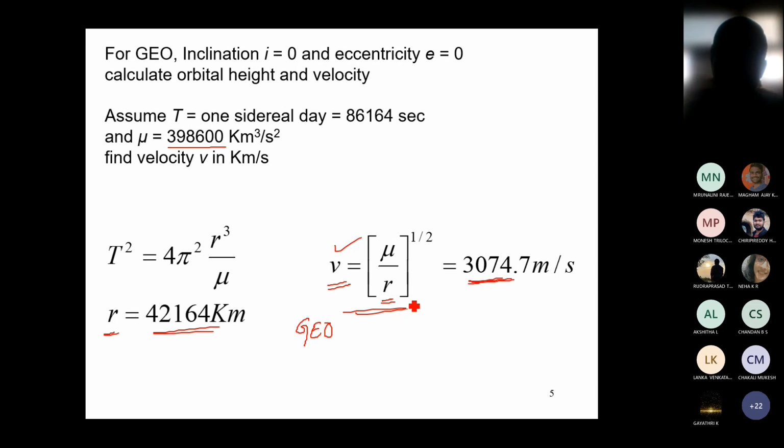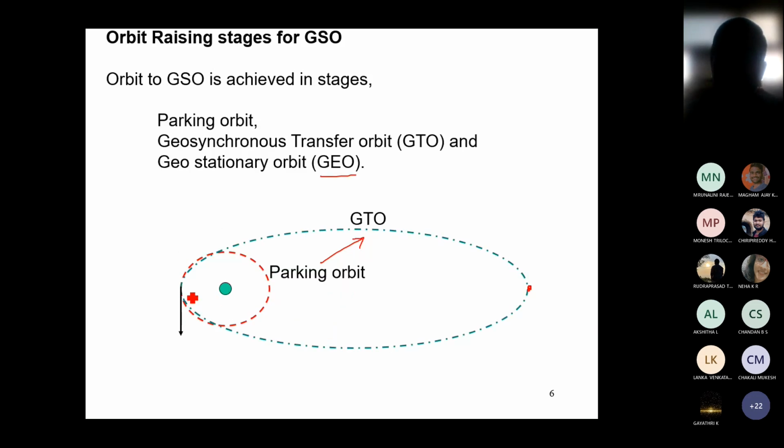So for elliptical orbit, the expression of velocity is something different, because in elliptical orbit the radius is different at different locations. We know that when the satellite is moving in the elliptical orbit, by the second law of Kepler, at the point of perigee the satellite is moving at a very high velocity.